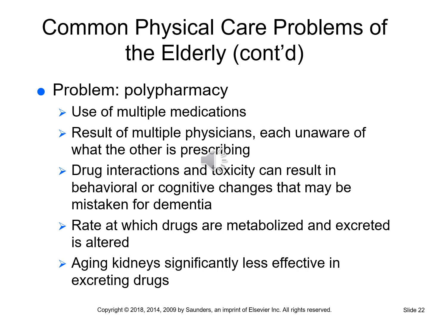And so the risk of this is you can have different drug interactions, even when we're talking about over-the-counter meds or herbal meds or vitamins and things like that. We can still run into drug interactions and toxicity, which can cause behavioral and cognitive changes in our patient. Also remember we talked about before with our older patients, they have a decrease in kidney function, a decrease in liver function, decreased body fluid, decreased body mass sometimes.